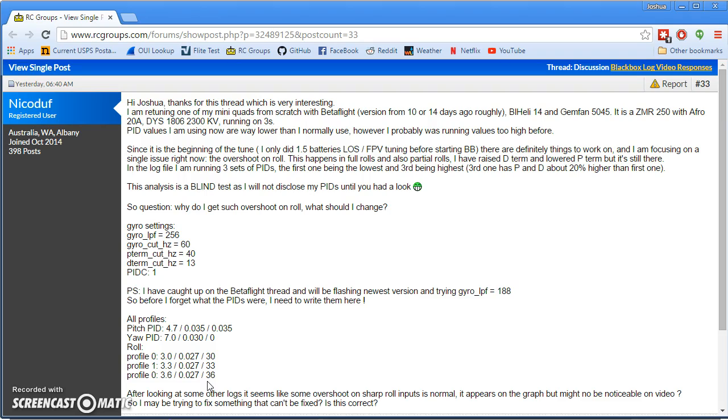Of course, that only applies if you're using Boris's soft filters. If you don't have soft filters, you simply can't get D that high without having way too much noise in your PID loop and coming out your motors. But you are using soft filters, so you should be fine.